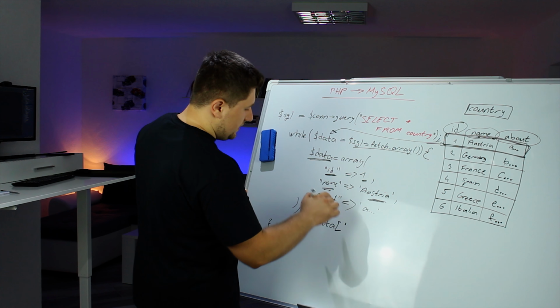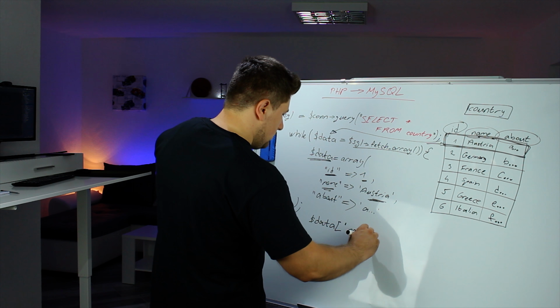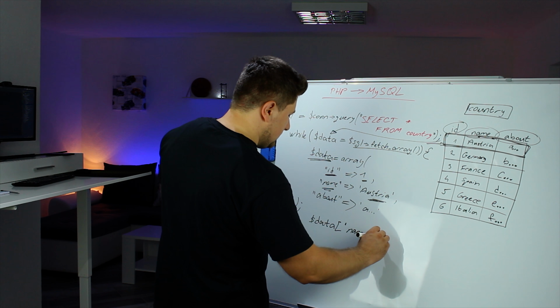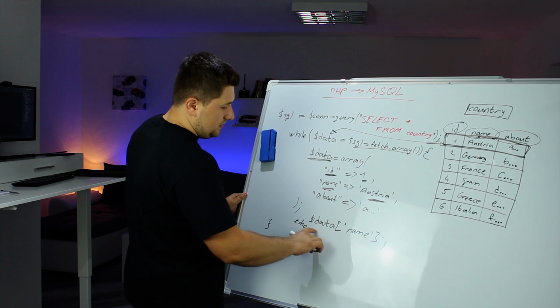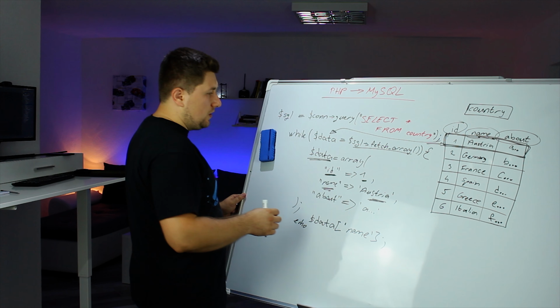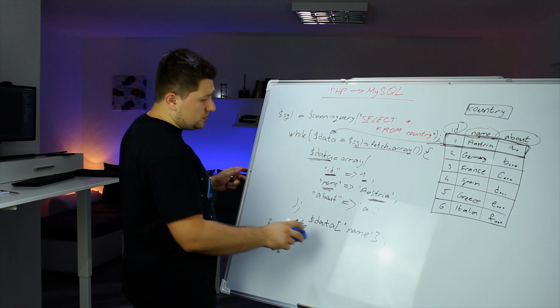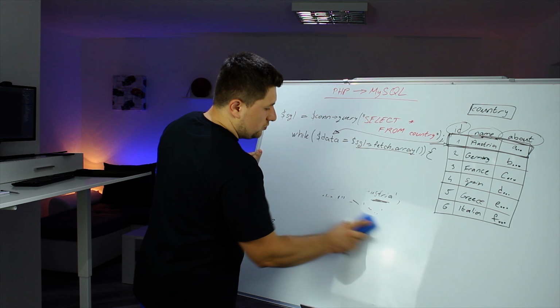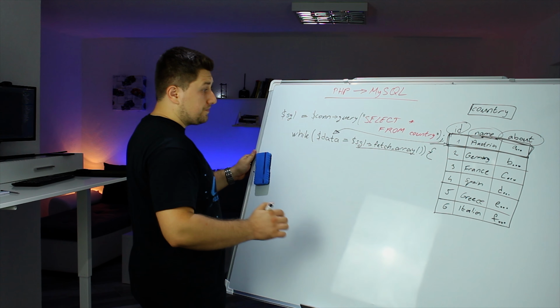I will first say the key is name, and that's it. Now I can just say echo, and Austria will be written on our screen. So this is just a quick explanation of an associative array. I have another tutorial that goes really deep on this topic.